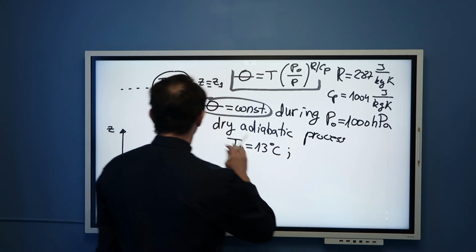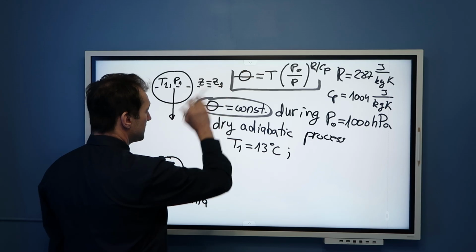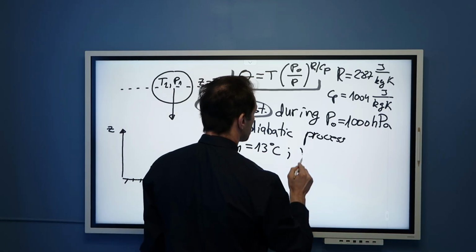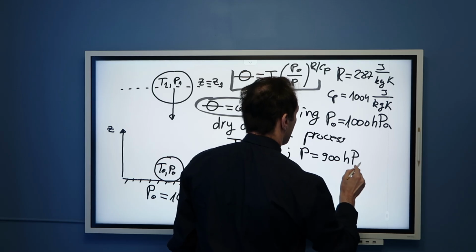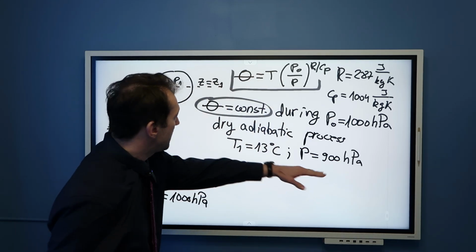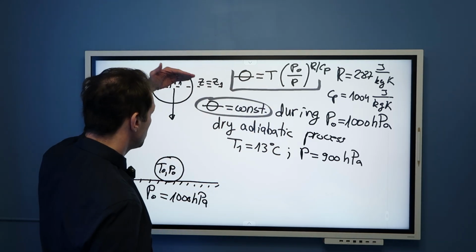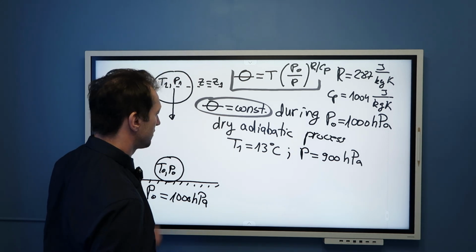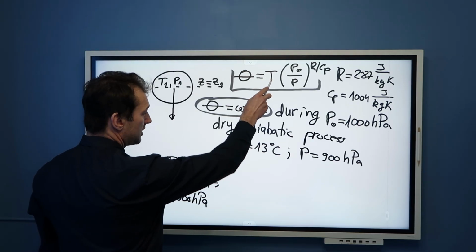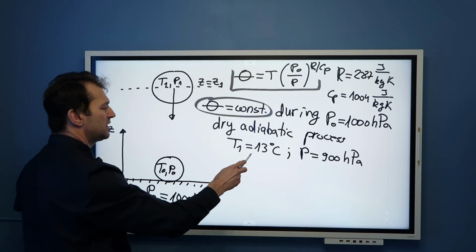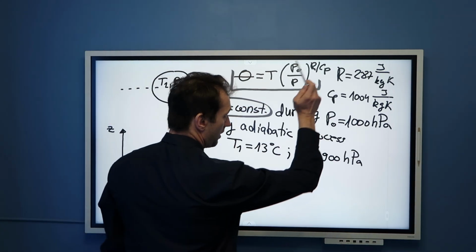And let us say that this parcel of air is at this height, Z1, where pressure is 900 hectopascals. For your reference, 900 hectopascals is usually about 1 kilometer above Earth's surface. I told you temperature T1, we insert that here, we transform this to kelvins, 286 kelvins.